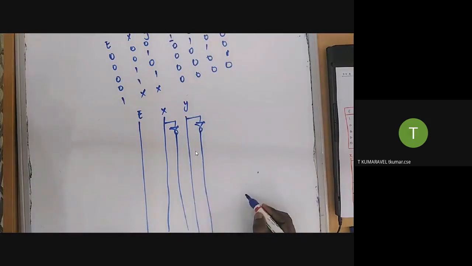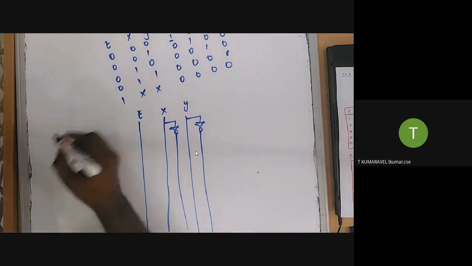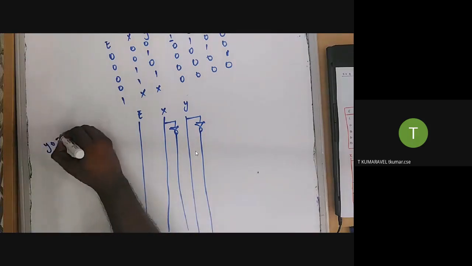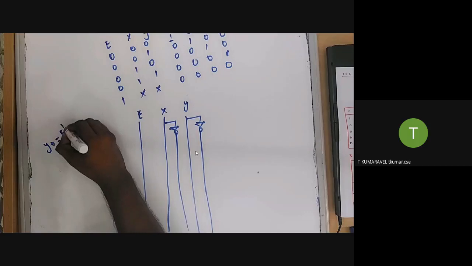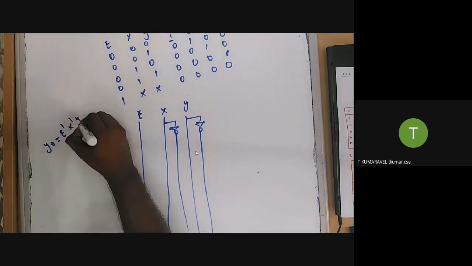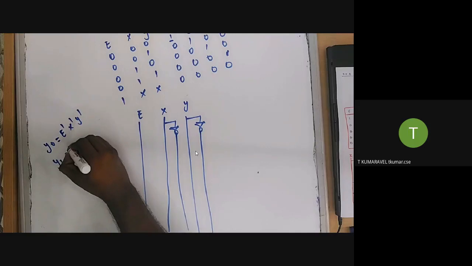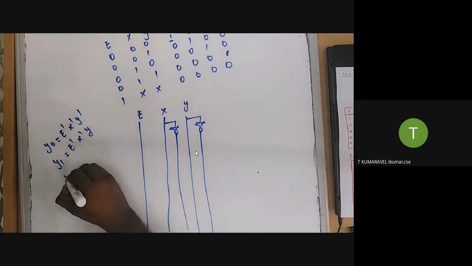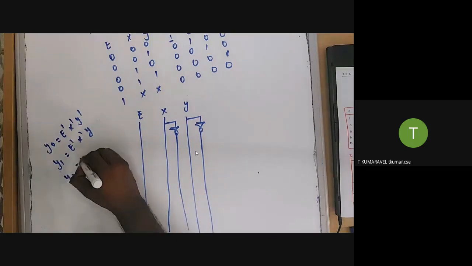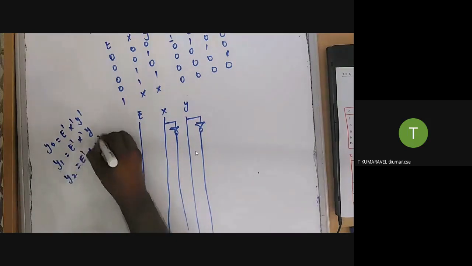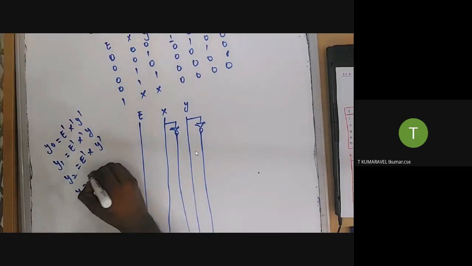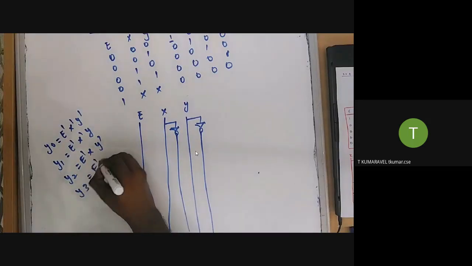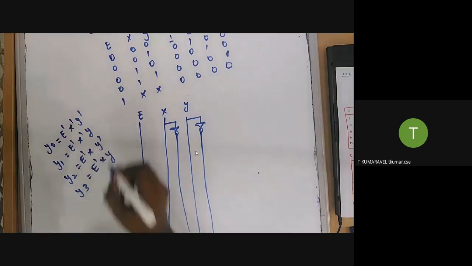How are we going to generate Y0? Y0 is E' X' Y'. What about Y1? Y1 is E' X' Y. Y2 is E' X Y'. Y3 is E' X Y. That is the circuit.